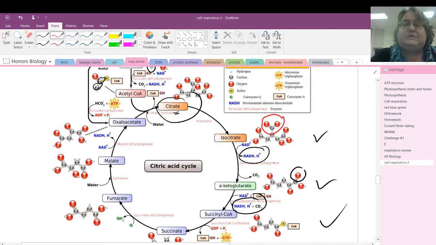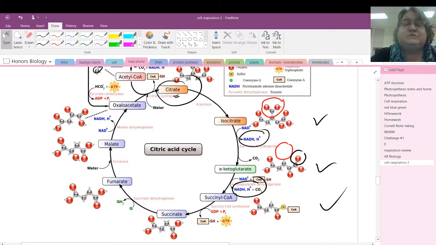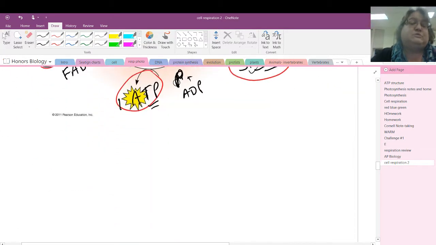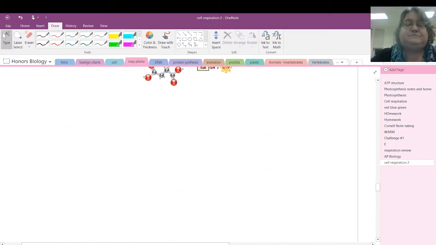This carbon leaves, and that leaves as carbon dioxide. And as these molecules are manipulated and changed by enzymes, we're capturing those high energy electrons. But again, I'm showing this to you so you can actually see that there are events going on. Sometimes these diagrams are way too simplified.